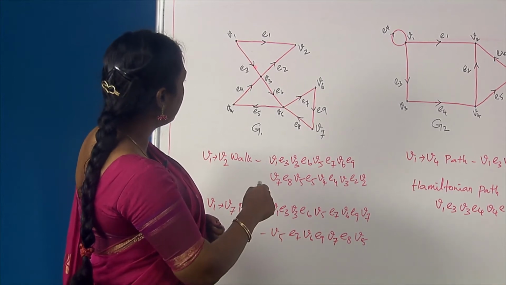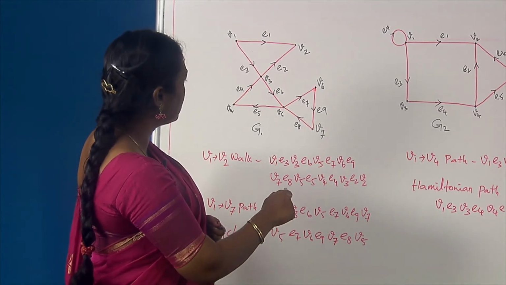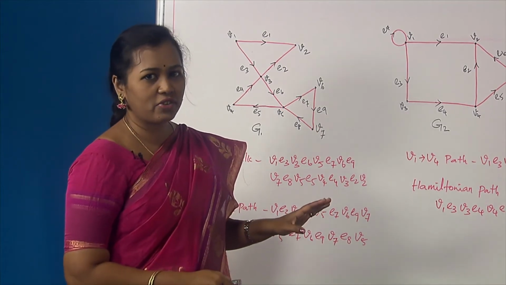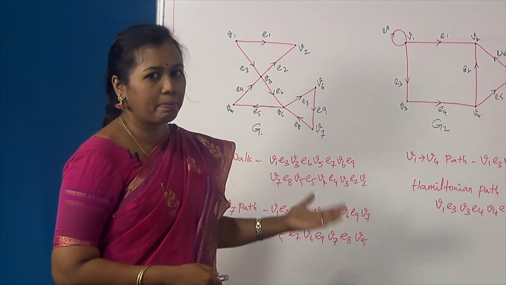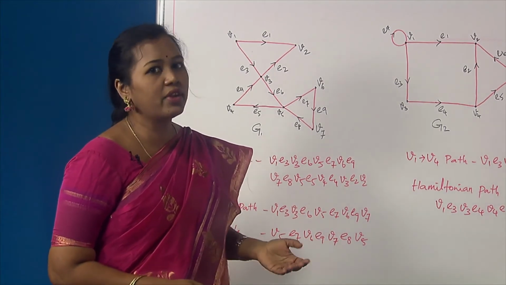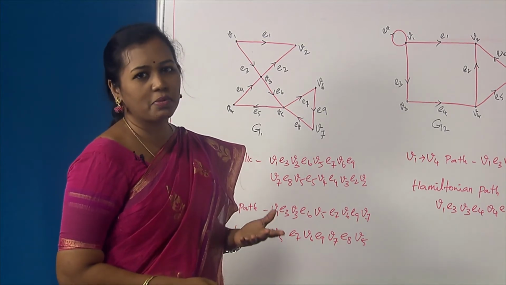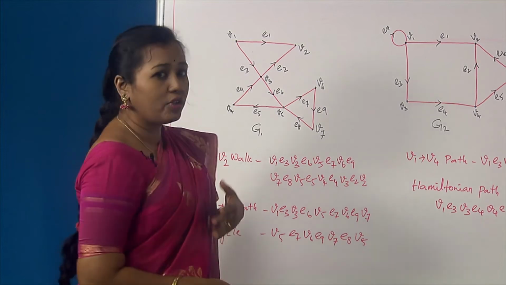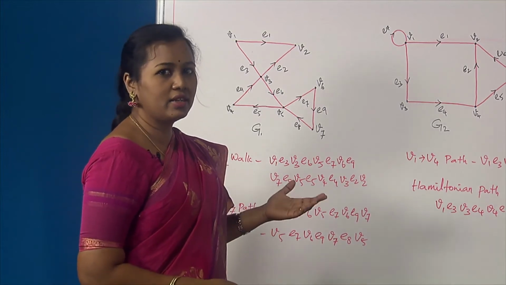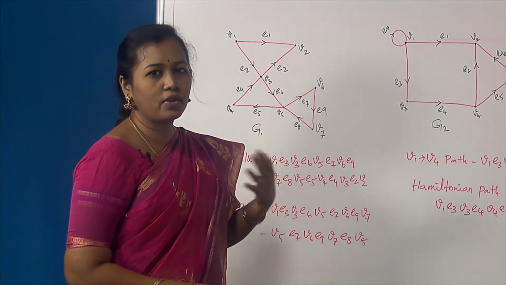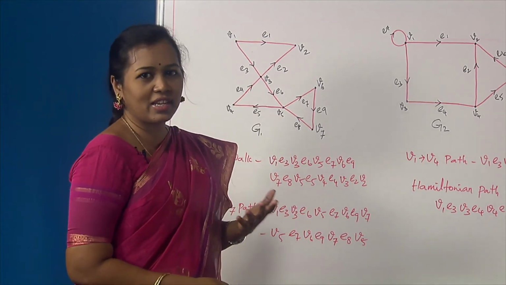So I start here, go all the way down here, and then V7. Obviously none of the vertices have repeated and therefore it is said to be a path. That is how the walk and the path differ. In a walk the vertices might repeat, whereas in a path you are not supposed to repeat any vertices. You can even try this for any other 2 vertices. You can try to find a path between them, or maybe you can create a walk between them. You can do that as an exercise.